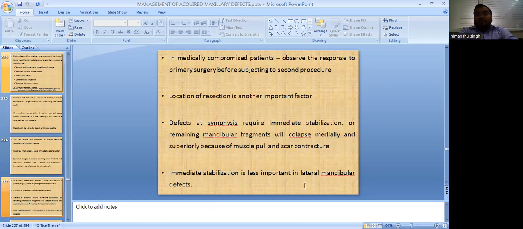In medically compromised patients, observe the response to primary surgery before subjecting them to a second procedure. Location of resection is another important factor. Defects at the symphysis require immediate stabilization or the remaining mandibular fragments will collapse medially and superiorly because of muscle pull and scar contraction. Immediate stabilization is less important in lateral mandibular defects.